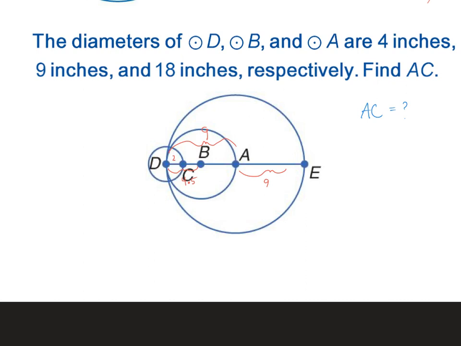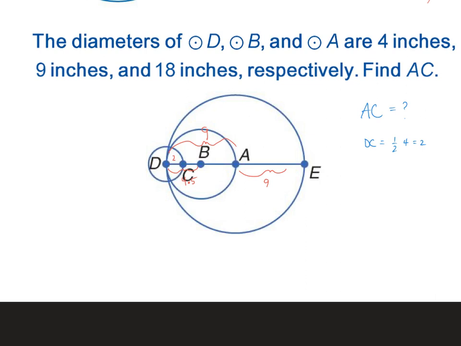Well, I know that DC is equal to 1/2 of 4, which we already said is 2. So I'm just going to write it. DC is 1/2 of 4, which is 2. That's going to be helpful because now I need to find the length of segment AC.